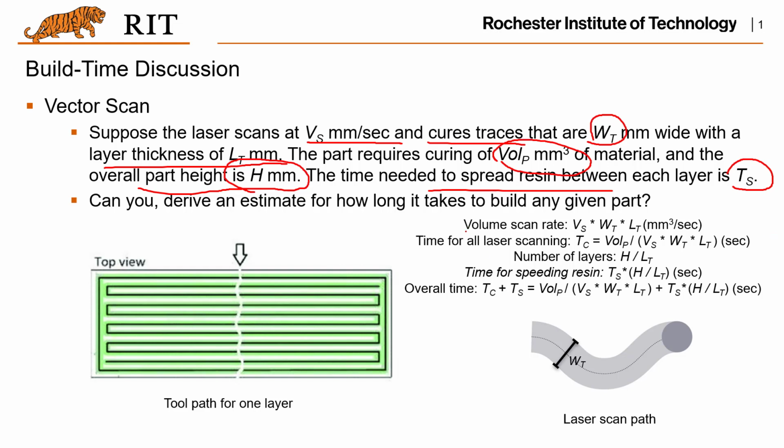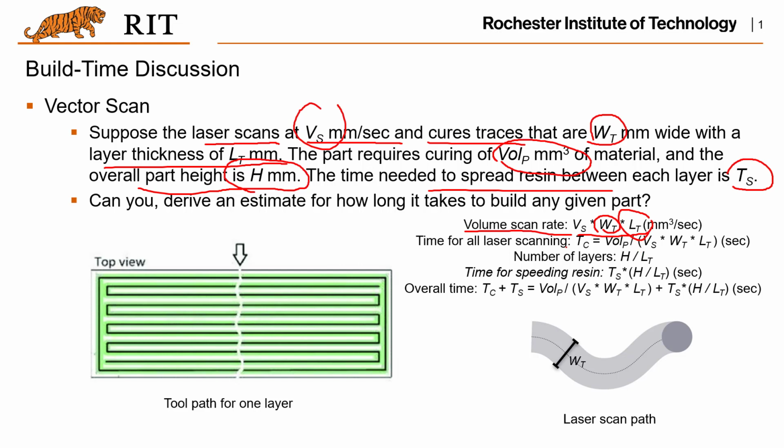So first of all, we need to compute the volume scan rate. As we know, the linear scan velocity is Vs. Also, it has a width Wt. Then we will have Vs times Wt, and that's the area scan rate. And then we have the layer thickness Lt, and combining the three terms together, we will have the volumetric scan rate.